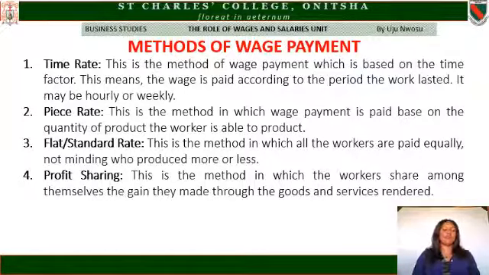Number 4, profit sharing method. This is the method in which the workers share among themselves the gain they made through the goods and services they render. For instance, if 10 workers are employed to sell bags of pure water, at the end of a day, their payment should depend on the gain they made, not on the cost of the goods they sold.